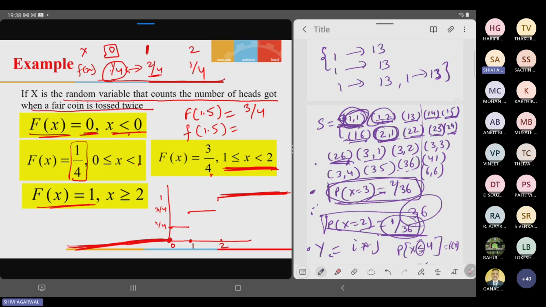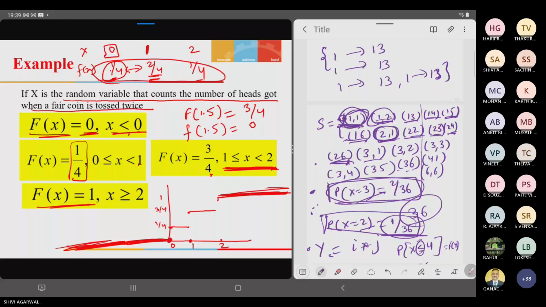It is coming in this range, so it is 0. The probability exists at 1 point only. But the cumulative distribution function exists for the whole range. It is a function which is defined from minus infinity to plus infinity here.